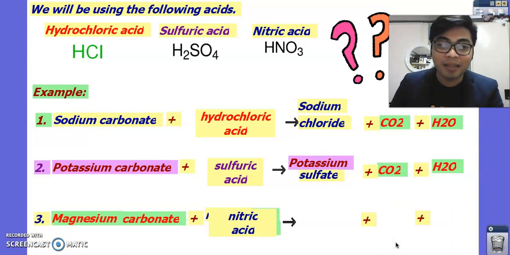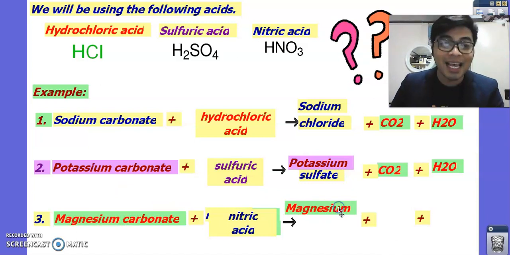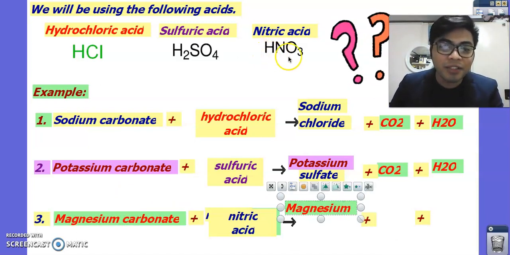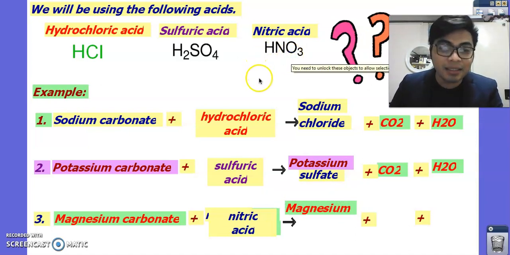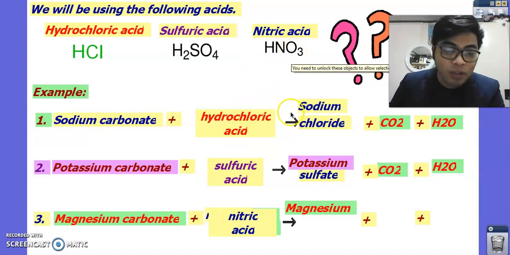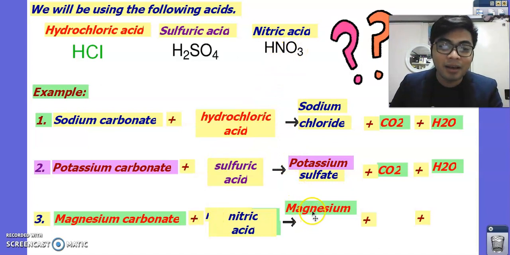So let's take a look at number 3. Magnesium carbonate plus nitric acid will give you what compounds? First, we're going to write the name of the metal, and that is magnesium. So which part of the nitric acid will the magnesium bind to? Very good, it will bind with the NO3. So what will be the name now of the compound here?